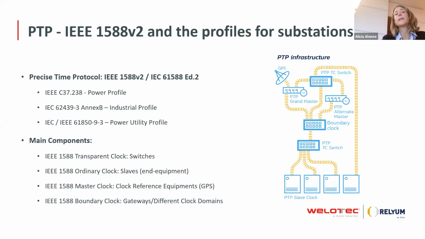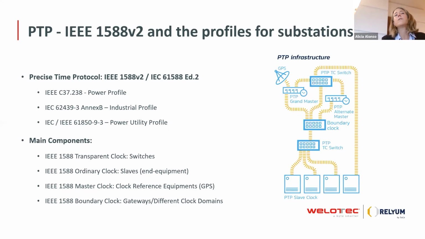And this was known as industrial profile. And a little later, the group that defined 61850 took all this information from the previous two documents and added it to the standard with the number -9-3 for defining the power utility profile, which is the most common nowadays in the substation automation systems.